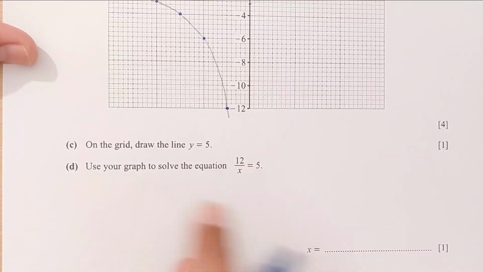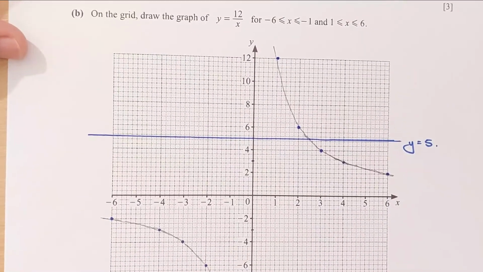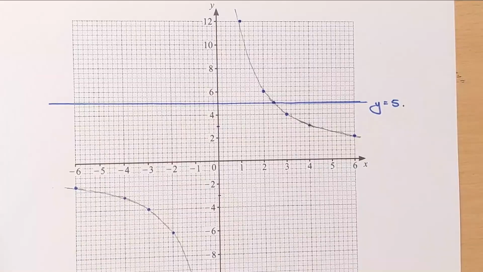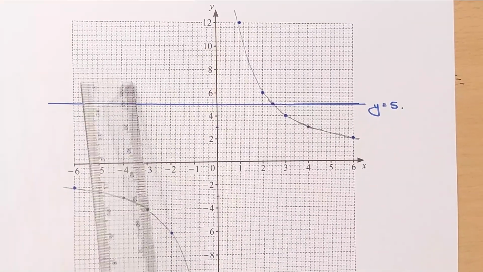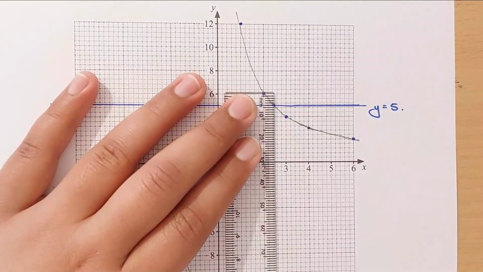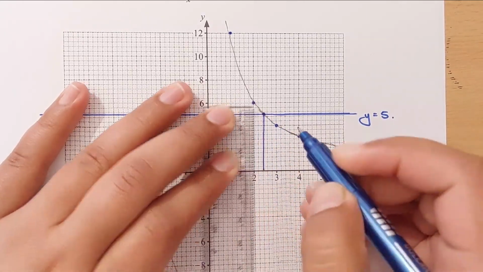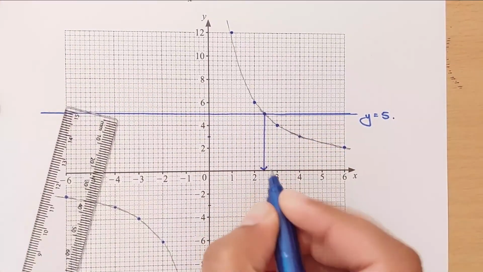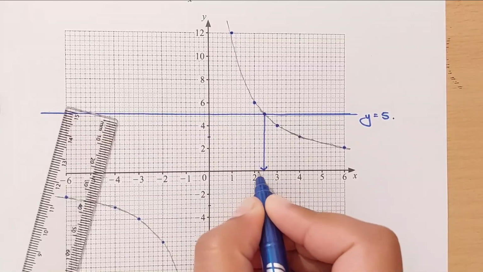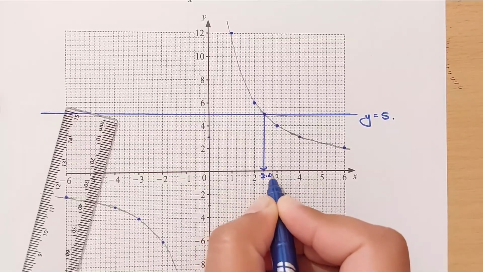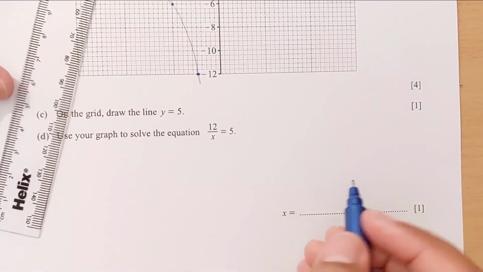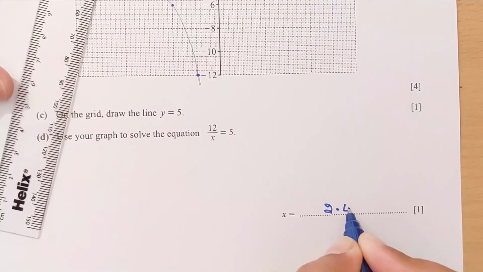We have to solve using the graph. Let me find the x coordinate where the line cuts the curve. It cuts the curve at this point. And what is the x value? 2, 2.2, 2.4. This is 2.4. So x is 2.4, right?